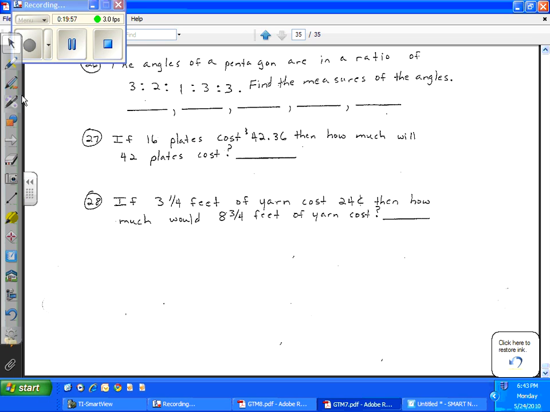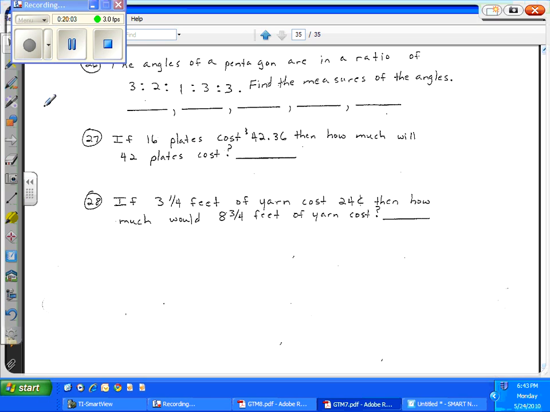And number 28, if 3 1/4 feet of yarn cost 24 cents, we've got feet of yarn and money. That's a statement ratio. Then how much money would 8 3/4 feet cost?